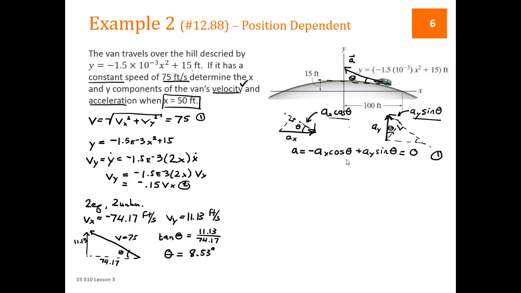Equation number 2, just like equation number 2 over here in velocities, is taking the time derivative of this. y double dot, right? It's the y component of the acceleration is y double dot. And we look at this expression and take the time derivative of it. Constant term just comes out front, e negative 3.